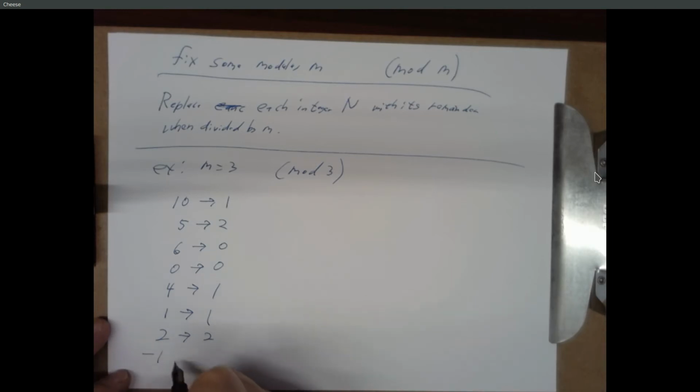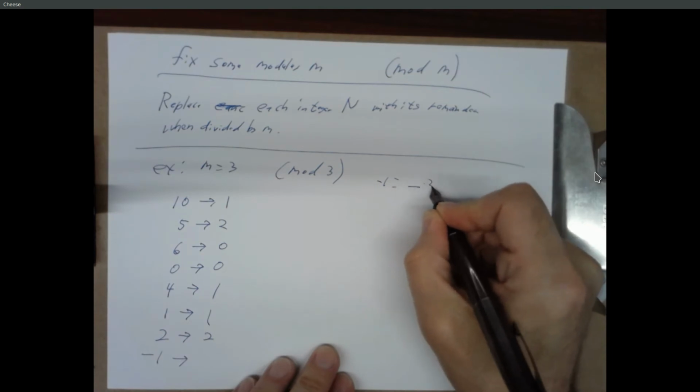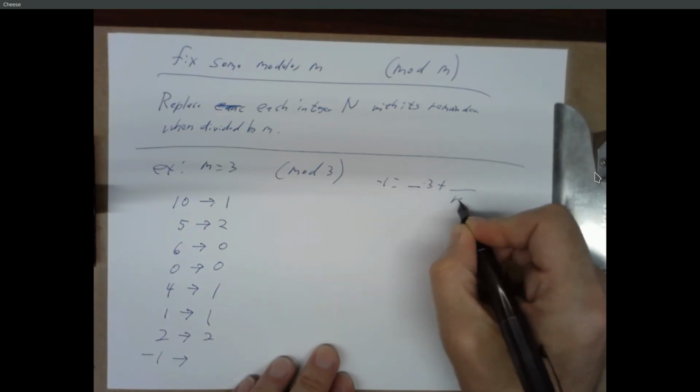Now what about negative 1? This one's kind of funky. And our intuitive notion of leftover doesn't really work. But let's write negative 1 equals something times 3 plus some remainder.